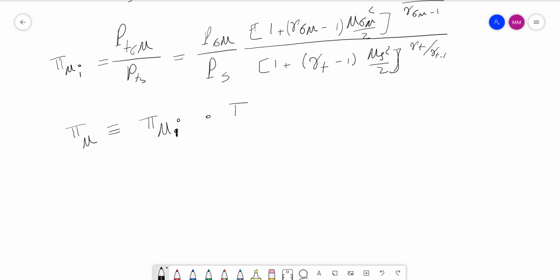So this is pi of Mi, the ideal pressure ratio, multiplied by pi of Mf, which stands for friction. Pi of M, then you have friction, and this is going to be your correction parameter. You don't need to calculate this. It usually will be given to you guys, right? So that's going to be your mixer.